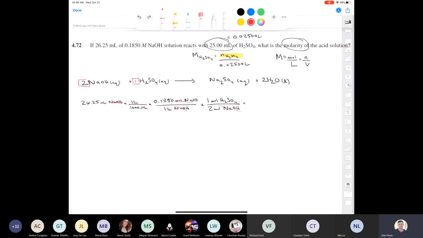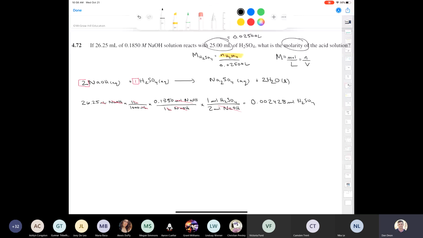Let's punch all that into our calculator, and when we do, we end up with 0.002428 moles of H2SO4.